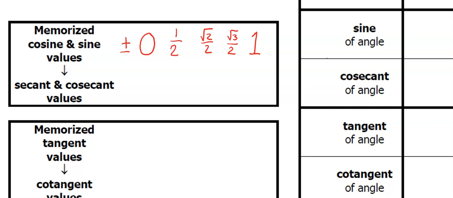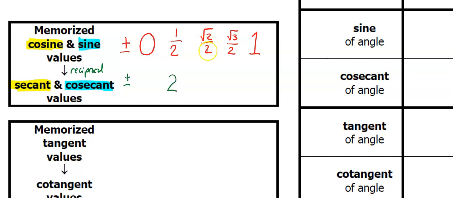So because secant is just the reciprocal of cosine, and cosecant is just the reciprocal of sine, all we're going to do is flip these guys upside down. Now flipping a 0 upside down gets a little weird, but we'll deal with that. So again, these might be positive or negative. We'll deal with the 0 in just a minute, but if I flip 1/2 upside down, well then I hope you know that that is 2.